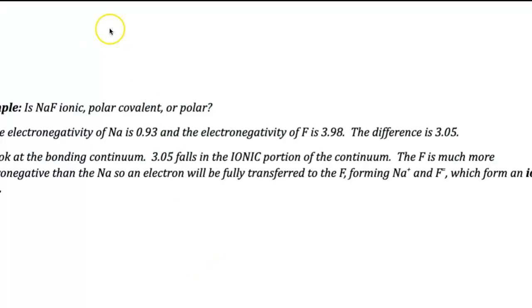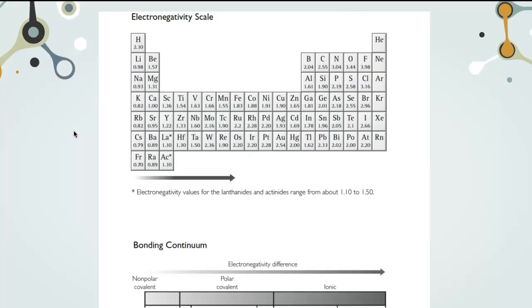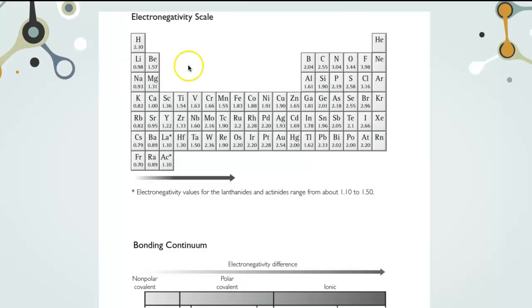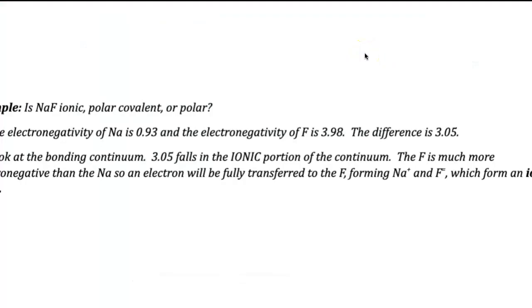So we may need to determine, for example, is NaF ionic, polar covalent, or nonpolar covalent? If we follow those steps, the first step we're going to take is look at our electronegativity chart here, find Na. We find that it has a 0.93 electronegativity, and then F has an electronegativity of 3.98. 3.98 minus 0.93, or finding the difference, is 3.05.